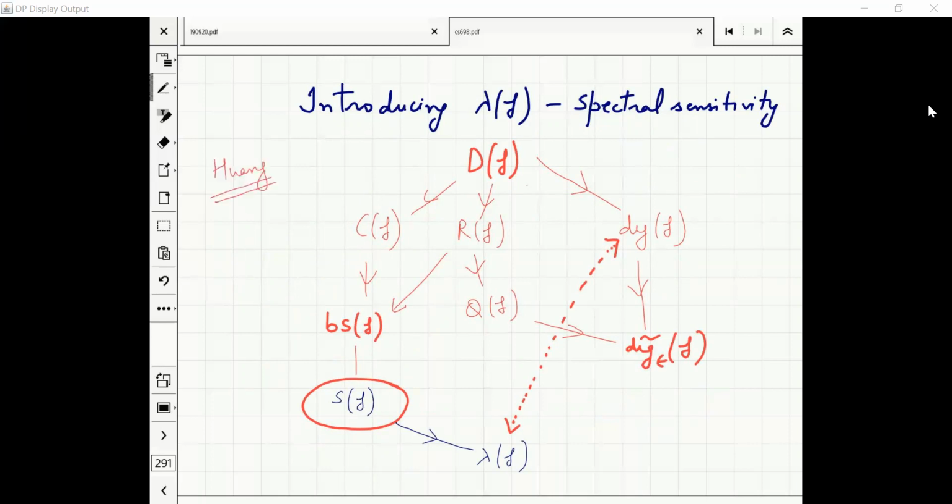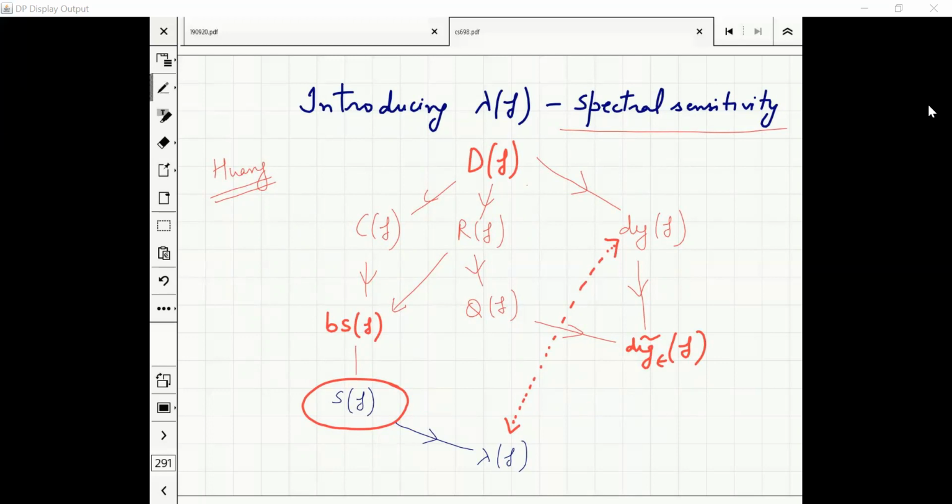Actually, in his paper, he does not name it as another measure, but now further work has shown that the quantity which he studied is in itself an interesting quantity. That quantity is called spectral sensitivity. I am going to define it in a moment, but let's see what Huang accomplished by introducing this.